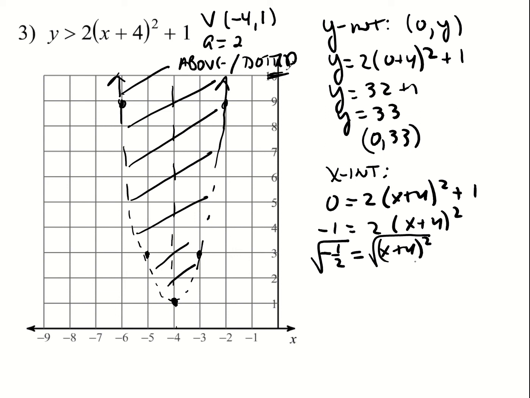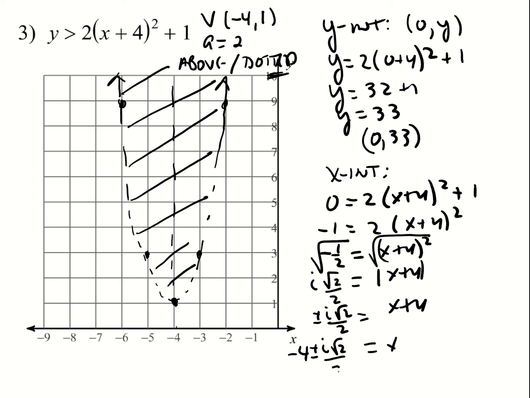Okay, and so then I get the absolute value of x plus 4 equals i, and then this ends up being root 2 over 2, and then this is going to be x plus 4 equals plus or minus i root 2 over 2, and so this will be x equals negative 4 plus or minus i root 2 over 2.